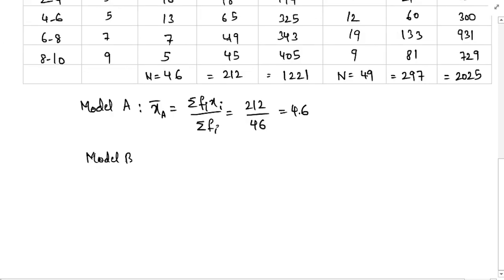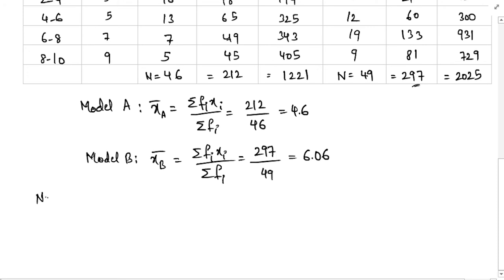Then for model B, xb bar is equal to summation of fi xi divided by summation of fi, that is 297 divided by 49, that is equal to 6.06.